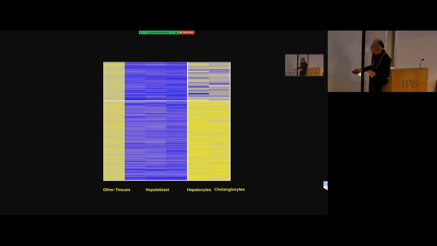In other words, this group undergoes de novo methylation early in everyone, and some of them undergo de novo methylation in the hepatocytes but not in the cholangiocytes, and some of them undergo de novo methylation in the cholangiocytes but not in the hepatocytes. But almost everything undergoes de novo methylation.